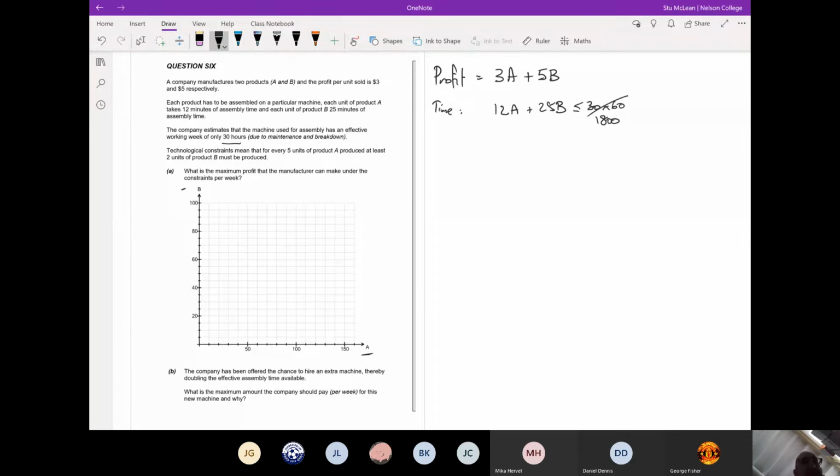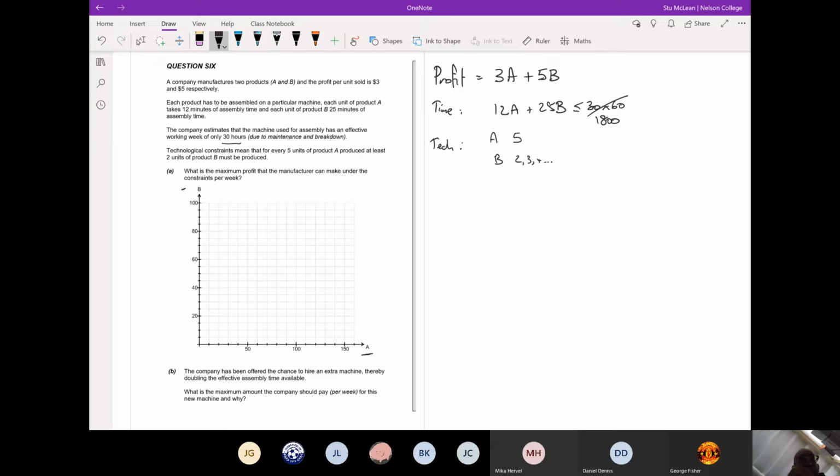The company technology constraints mean that for every 5 units of product A produced, at least 2 units of product B must be produced. Okay, so that's the tech constraint. So if A is 5, B must be 2, 3, 4, and so on.